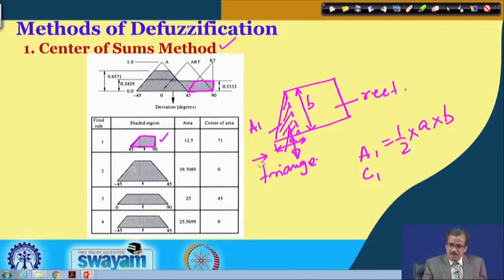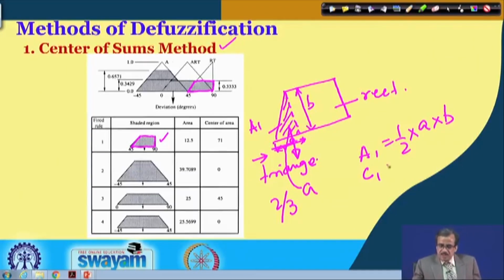Starting from here it is 2/3, 1/3. So this particular dimension starting from here will be your 2/3 A. So I can find out this is nothing but 2/3 A. If this is the situation, very easily I can find out what is C1.